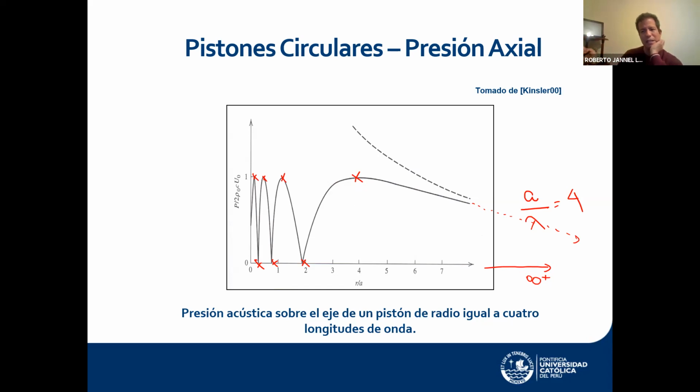The minimum at infinity is the 0 that is guaranteed to exist. And then you can start having maximum, minimum, maximum, minimum, depending on how many multiples of a wavelength the radius of the circular piston is. Okay.